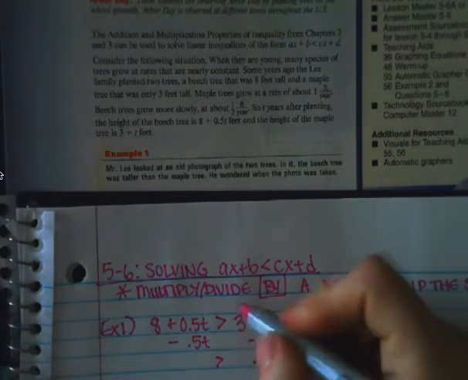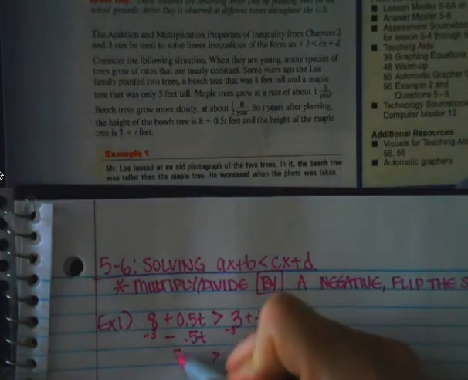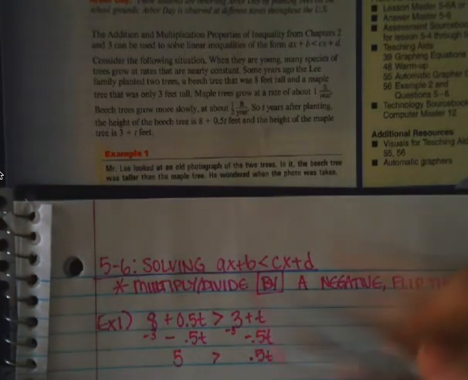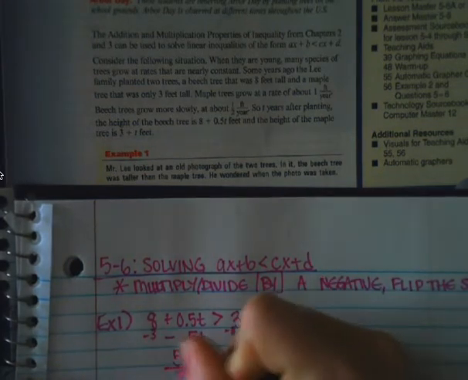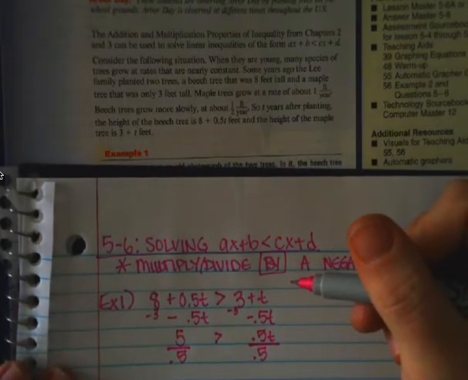And then I would go ahead and subtract my 3, so I end up with 5. Right now I have 5 is greater than half t, so divided by 0.5, divided by 0.5, 5 divided by half is going to be 10.